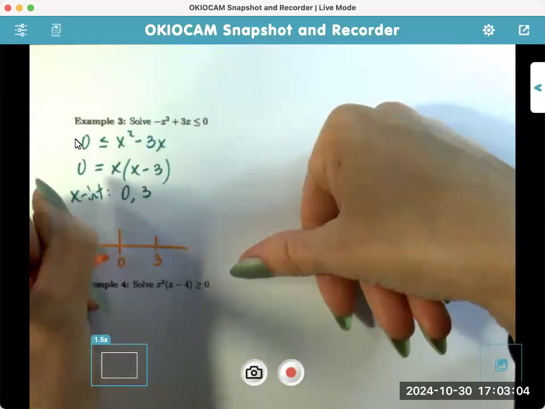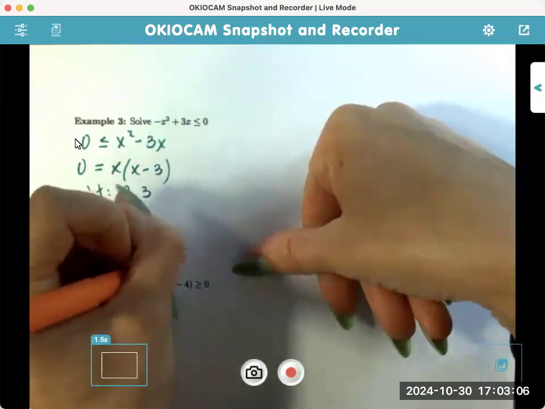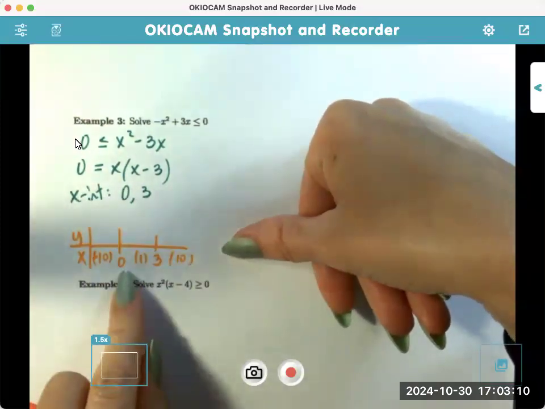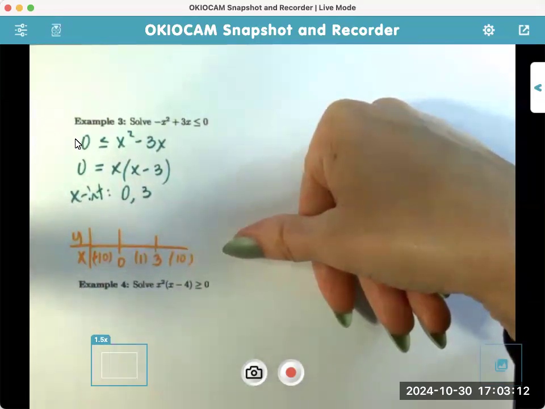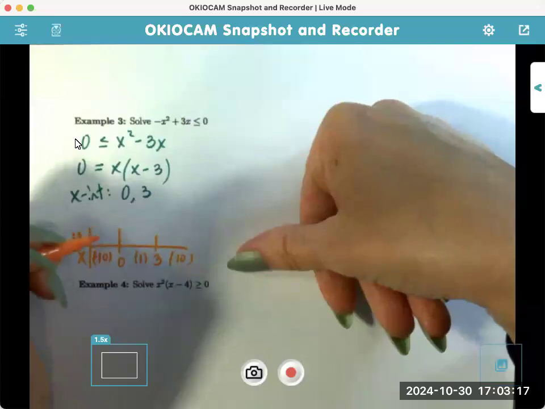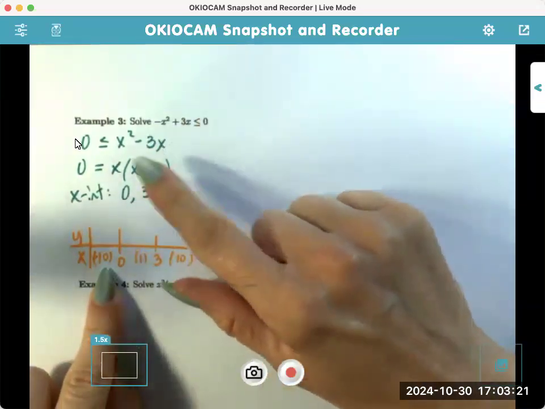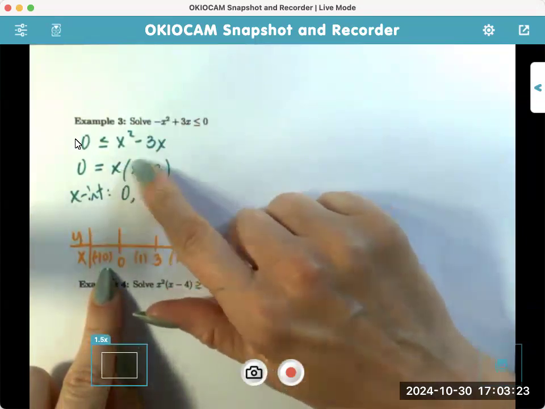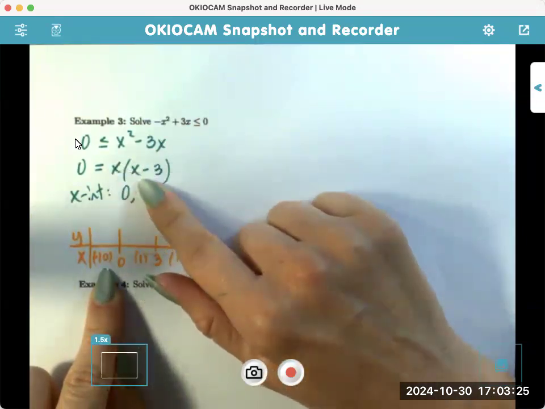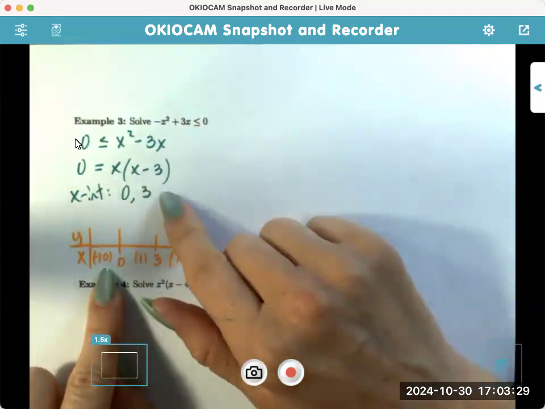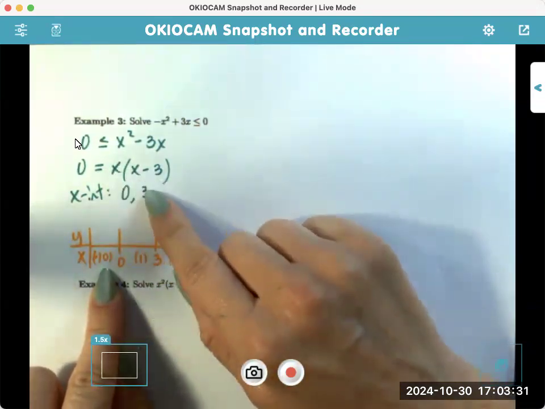So I'm going to do -10, maybe a 1, and a +10. I can't use one of my favorite Goldilocks test values, 0, because it's already chosen right here. All right, so if I pop in -10, you can do it into any version. Again, I like the factored form just because it's easier in my brain to do the positive times the positive, negative times the negative, whatever, negative times positive, positive times the negative, that fun stuff.